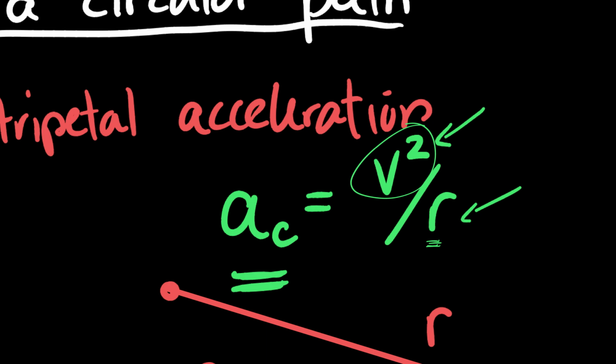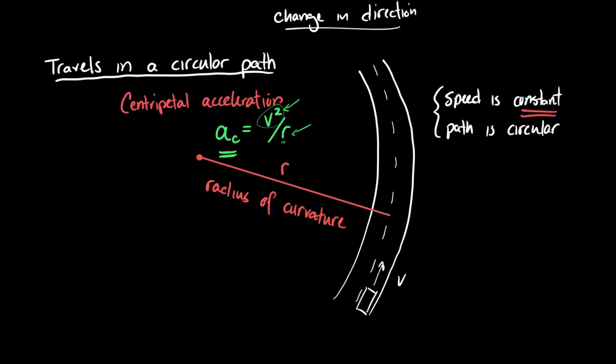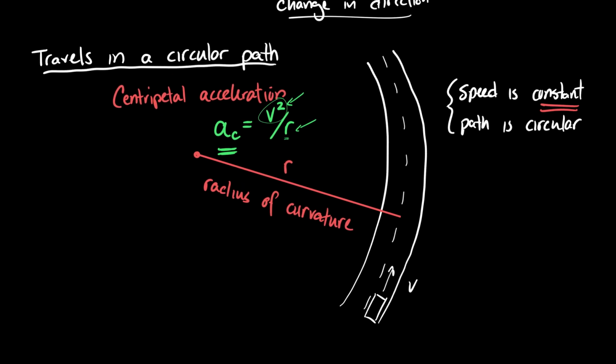You guys see that? So it takes more acceleration to make a tighter turn. As R gets smaller, if you look at your picture here, that would mean your turn would get tighter. Right, that's a smaller radius of curvature. That would take more acceleration. And obviously, if you want to go faster, that's going to take more acceleration.